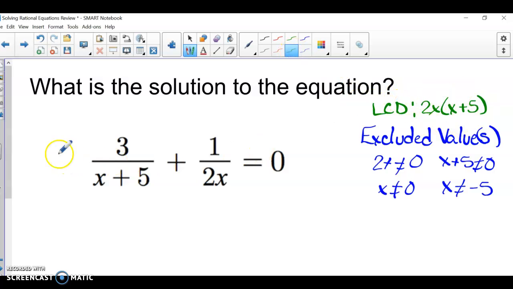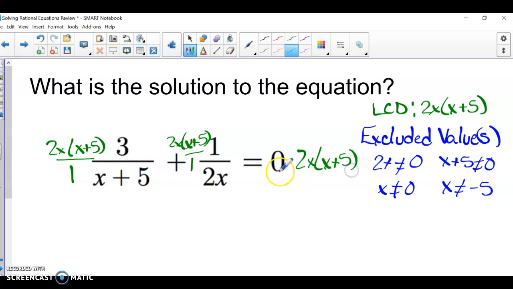Now, I take my whole common denominator and I multiply everything on both sides by it. And one thing that's a little strange, not sure if we've seen one like this, but I do still have to multiply it times 0. Even though it's 0, I still have to multiply it. Here, the x plus 5's cancel, so I'm left with 2x times 3, which gives me 6x.